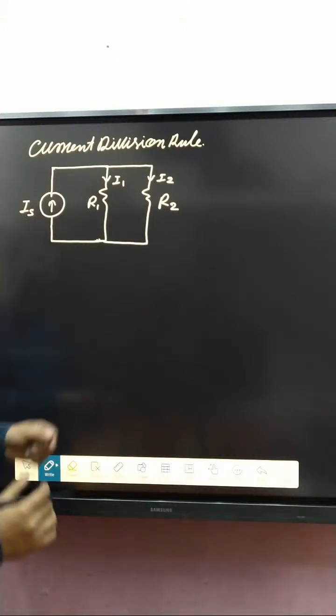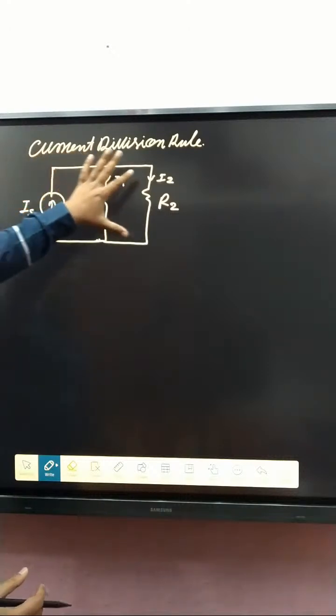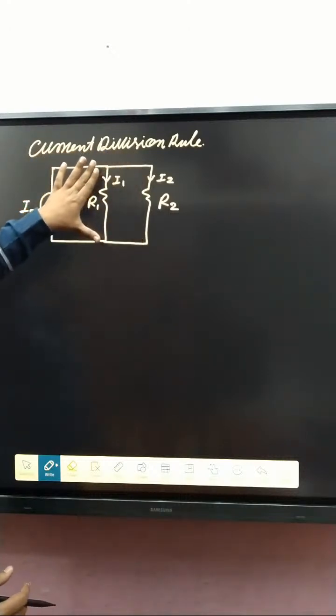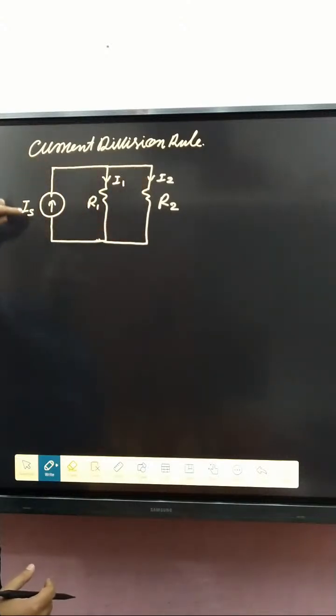Suppose that a current source is given like that one, with parallel resistances R1 and R2, two branch resistances connected with current source IS.